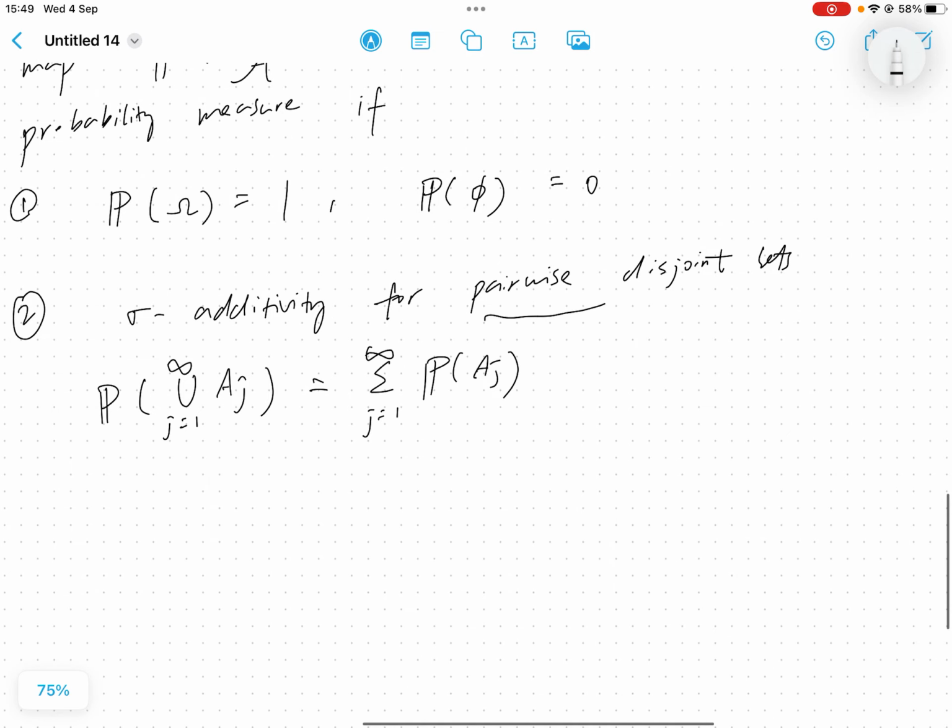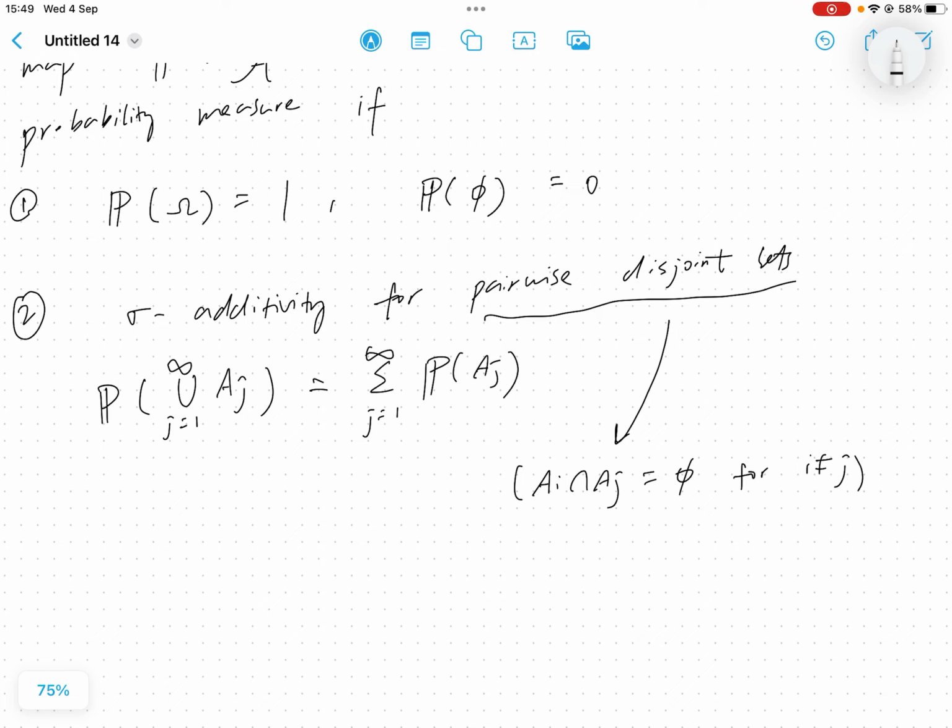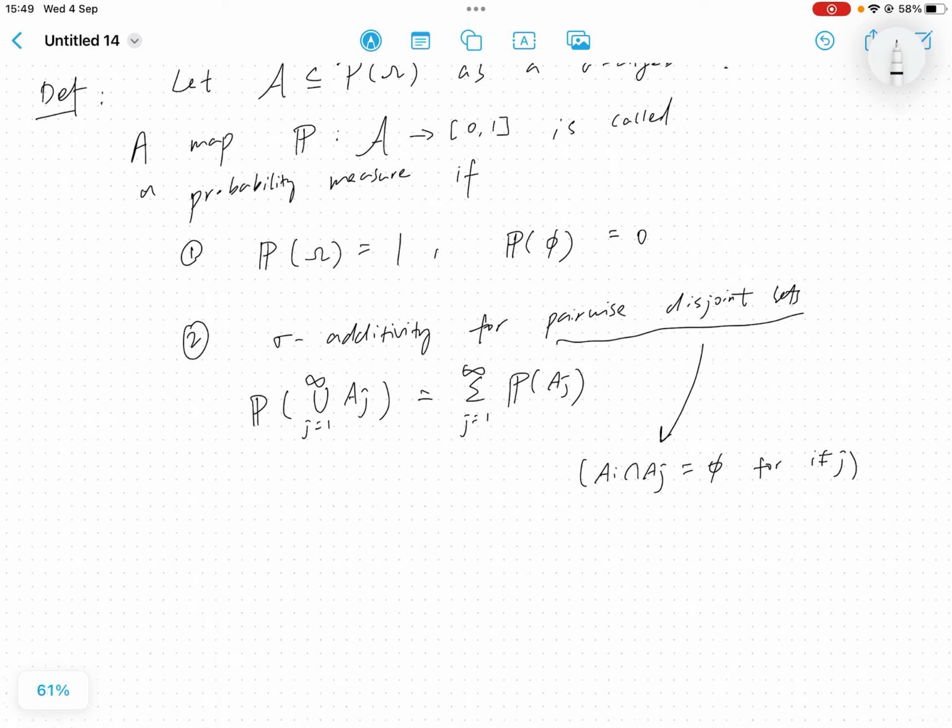Pairwise disjoint sets means that A_i intersect A_j is empty for any i not equal to j. So that's it.